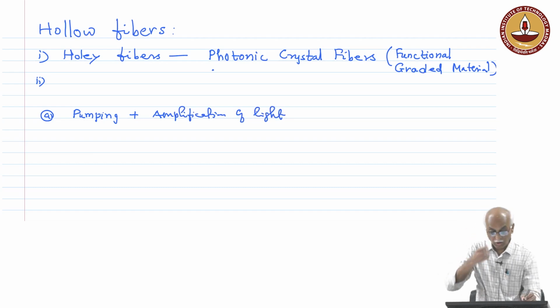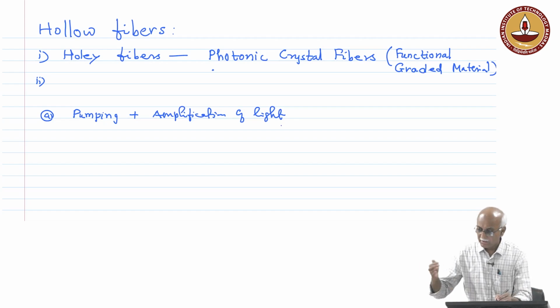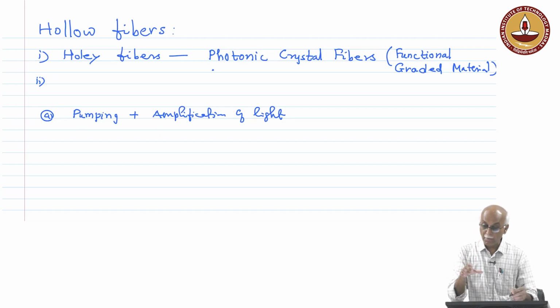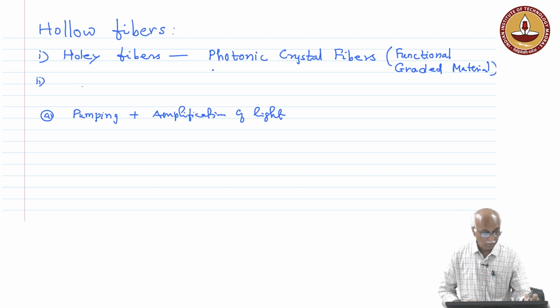We will talk about these aspects, what is pumping, what is amplification of light, etc., at a later stage when we talk about light sources. So, optical fibers can act as an amplifying material, and we can use a pumping light to excite that amplifying material. For that purpose, we can make use of such fibers to allow pump light to pass through the cladding region and allow amplification of light in the core region.